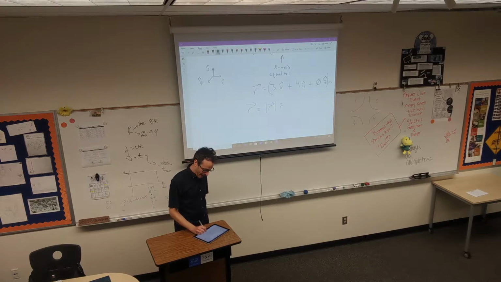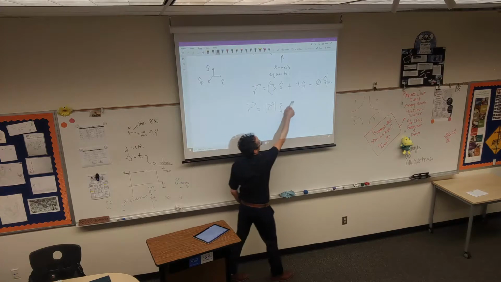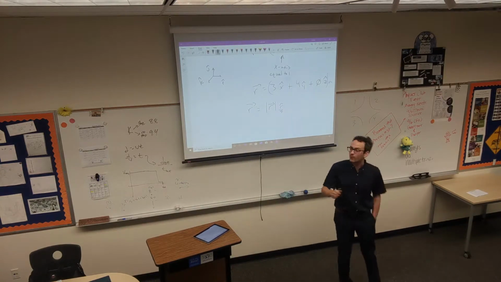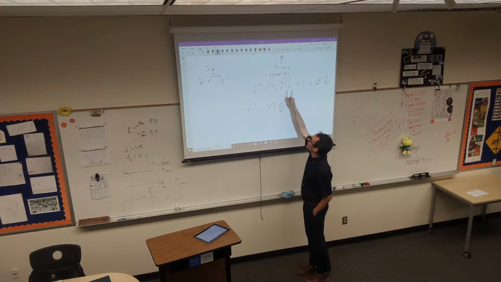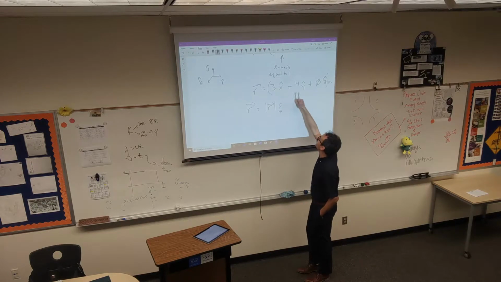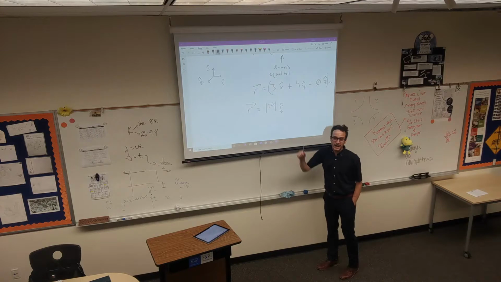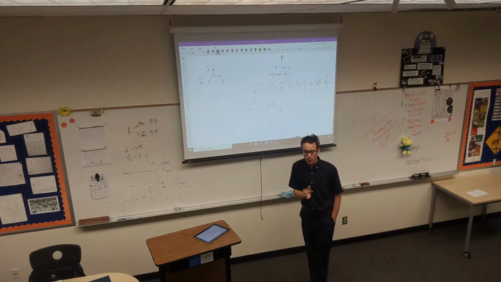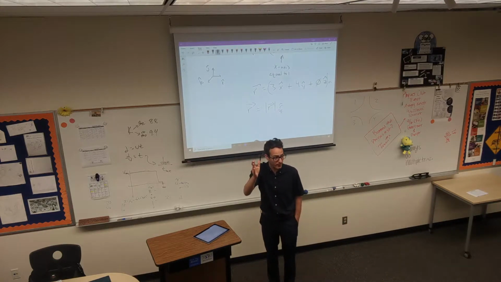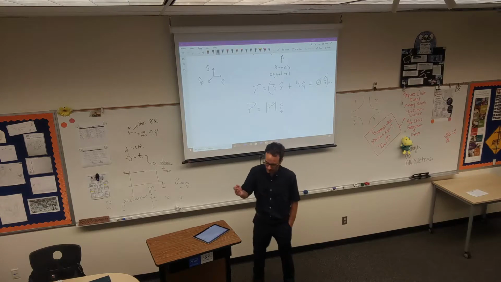So okay, r hat is a vector equal to 1, but unlike x hat, y hat, and z hat, which are also equal to 1, where this goes along the x direction, this goes along the y direction, and this goes along the z direction, r hat goes whatever direction the vector is pointing, and its magnitude is just equal to 1.